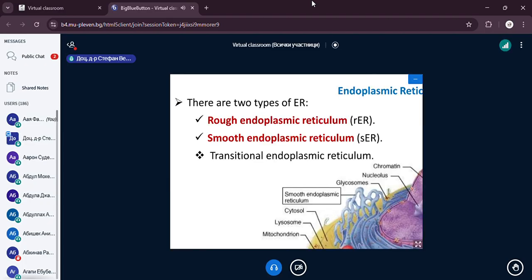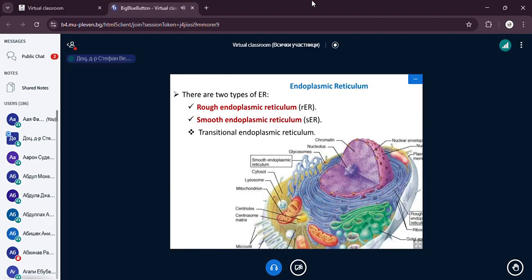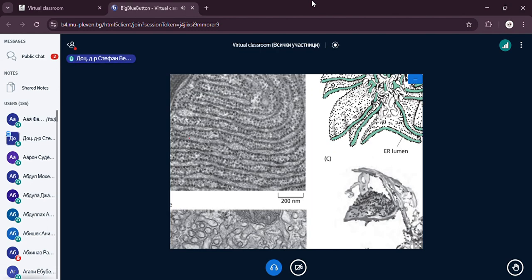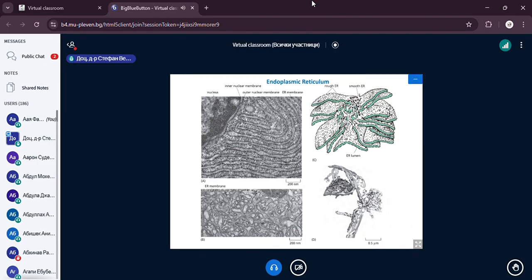And this is replicated here on this diagram. And you can see the cisterns of rough endoplasmic reticulum with many granules, ribosomes, on the surface of the cisterns. And here in the middle, the smooth endoplasmic reticulum.